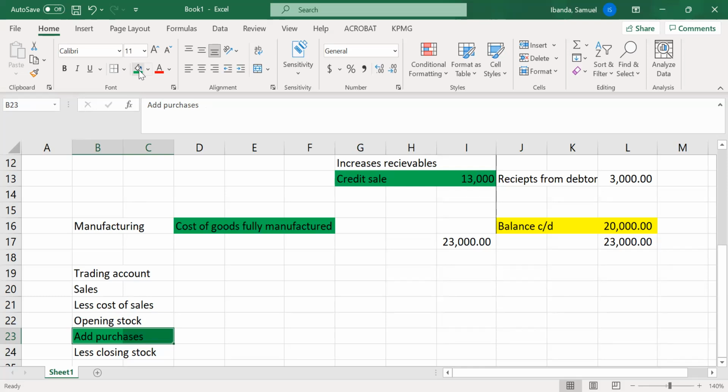Whatever we sell, we manufacture. So wherever there is the word add purchases, it is replaced by the so-called cost of goods fully manufactured. That is one of the things you need to first picture in your mind when I'm doing my trading account.